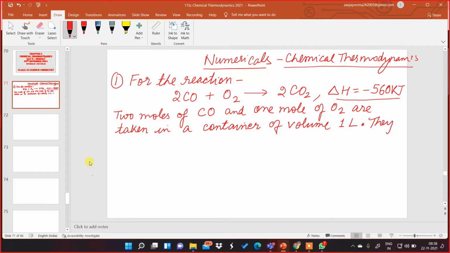They completely form 2 moles of carbon dioxide.